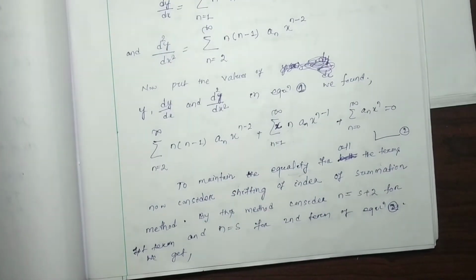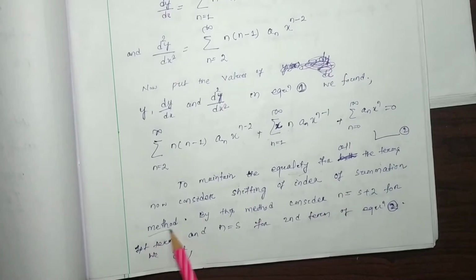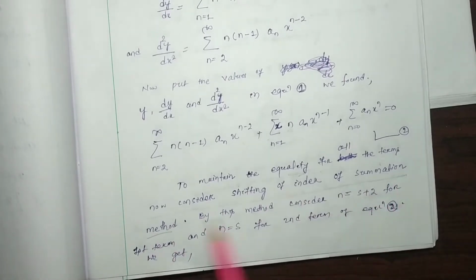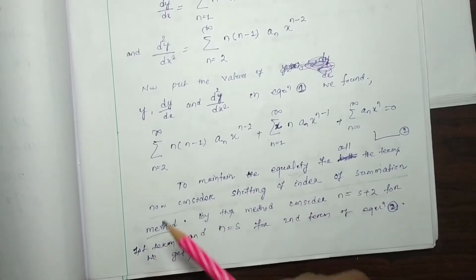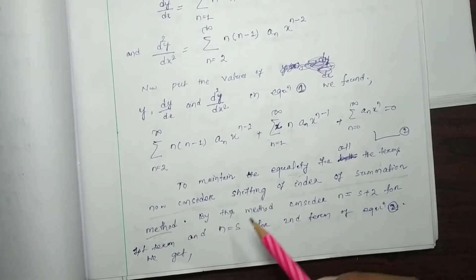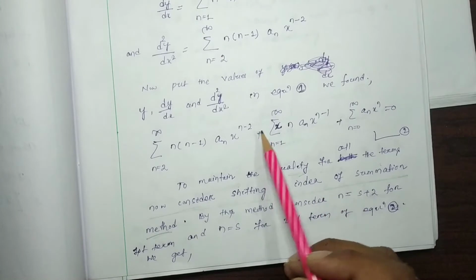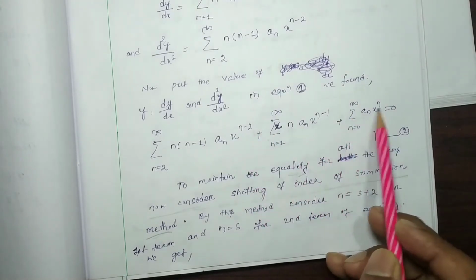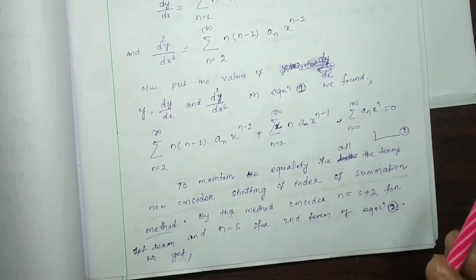Now to maintain the equality for all the terms, consider the shifting of index of summation method. This is the method by which we can maintain the equal power of x for all the terms.